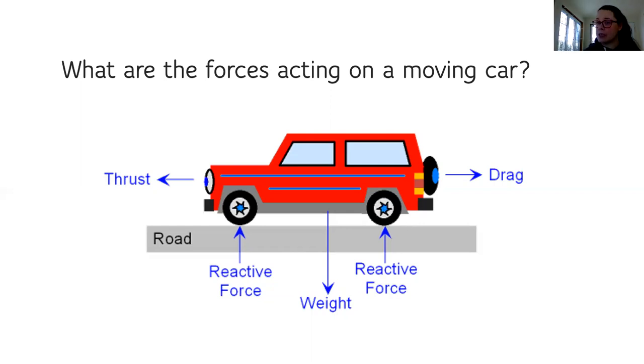The two key forces that are involved in the motion of a car are thrust and drag. Now, there's a few really good videos that deal with this, and I'll admit your final assessment for this section, you're going to have a couple days to work at it. We'll give you a little extra time, but you're going to look at a few videos, and you're going to give me some explanations that aren't all math, thinking about where some of these key concepts come from.